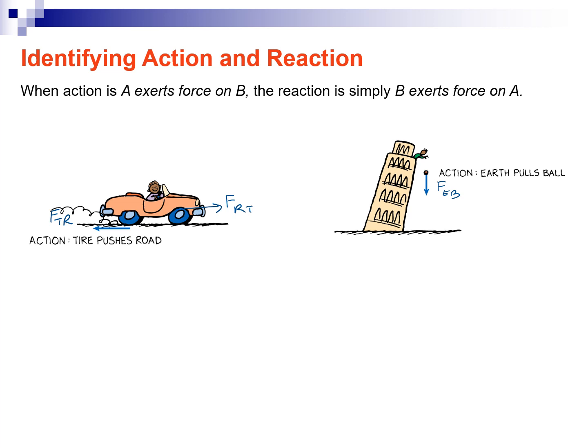The reaction is force of ball pulling on the earth. So we draw an arrow on the earth and we label this as force of ball on the earth, FBE. Just like before, force of earth on ball is equal to force of ball on earth.